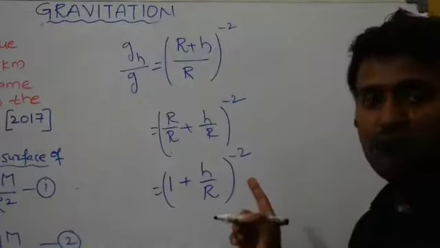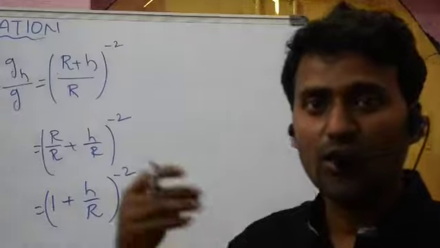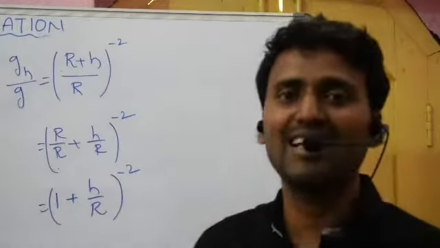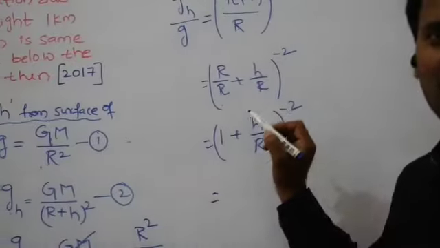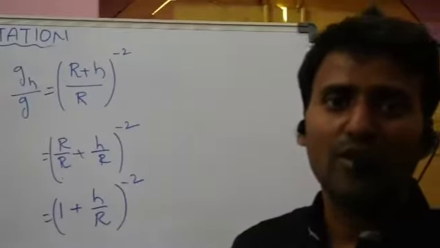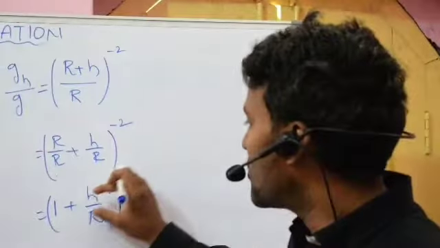Now the power minus 2 is there. If I apply the binomial theorem, except the first order, all higher order terms are neglected. Otherwise you have to remember every time. Binomial theorem, if you are applying in our physics, for your understanding, this power you have to write here.